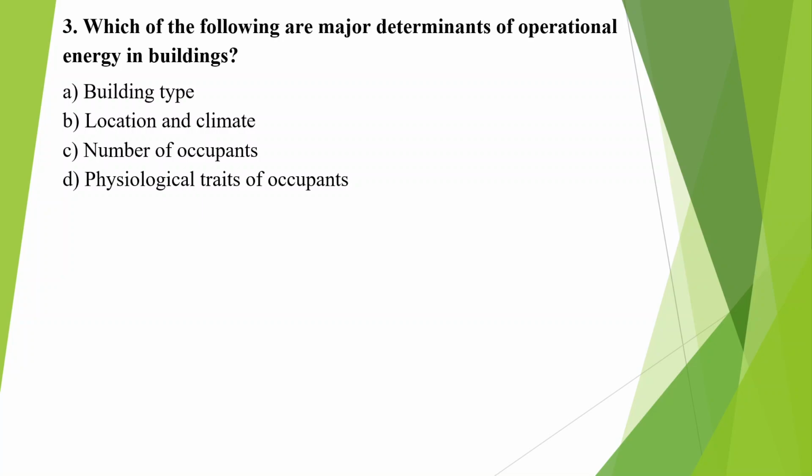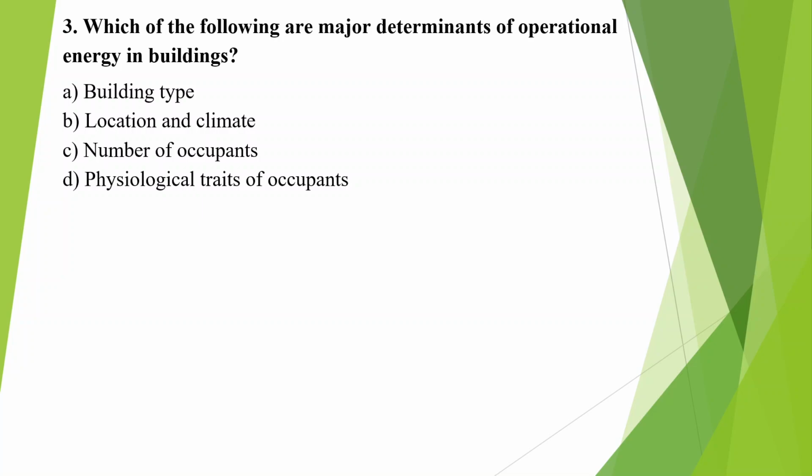And then the psychological traits of the occupants, which is talking about the mentality of the occupants, whether they are keeping the AC at 16 degrees Celsius although it is not required, whether they're switching off the lights when not in use or closing the taps, whether the pump is running the whole day.